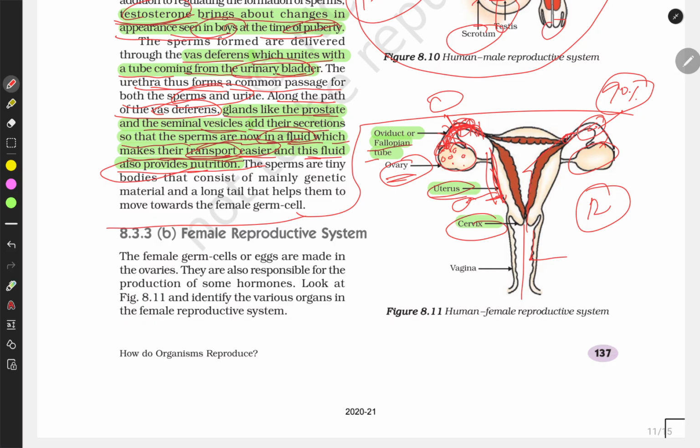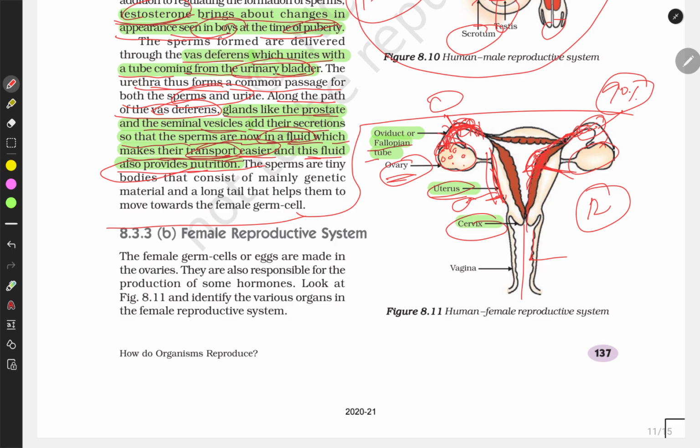The fertilized egg divides into many parts, and after 12 to 18 divisions, it finally reaches this region, which has a rich blood supply. In this lining the egg gets implanted.